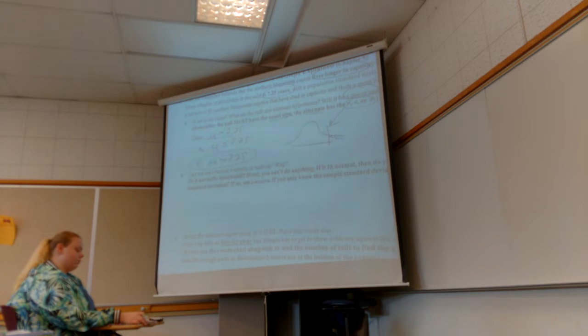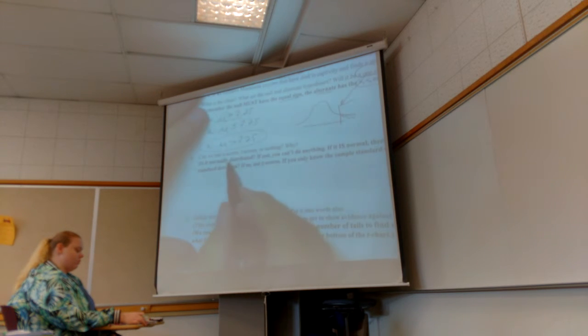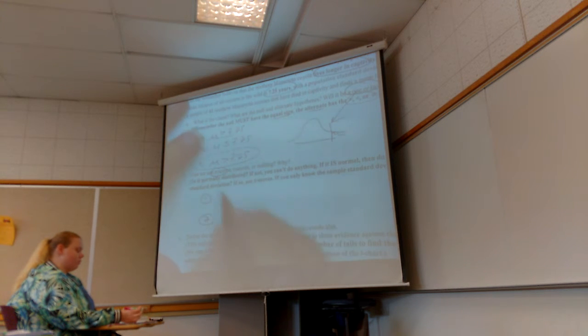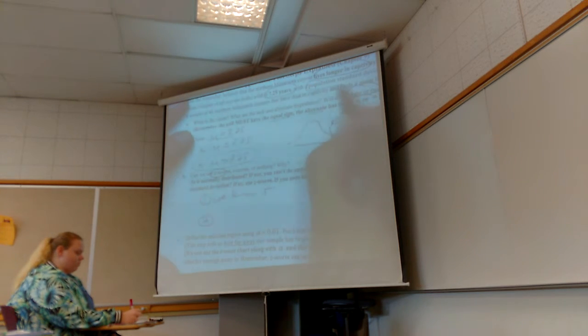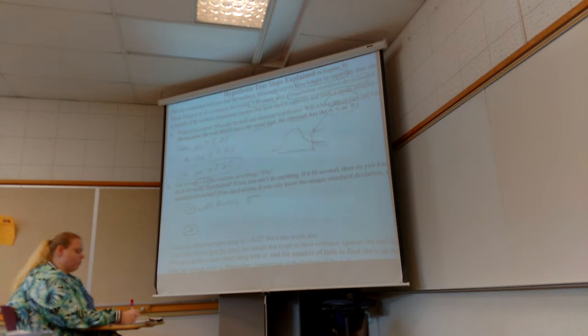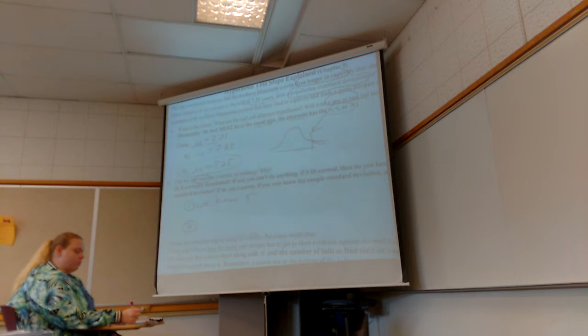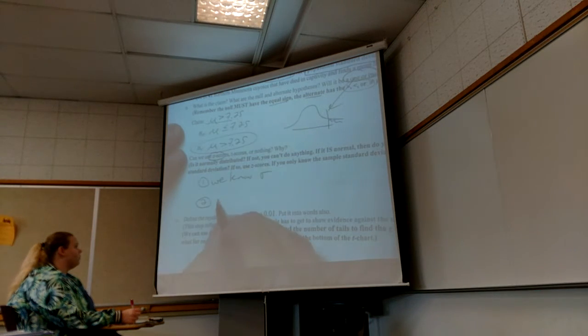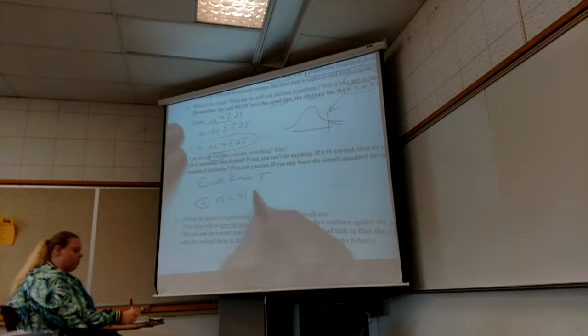Okay. So now, which one can I use in this problem? Z or T? Z. Totally Z. 2 things you have to tell me. We know sigma, the population standard deviation. Don't just say I know the standard deviation, because there are 2 types of standard deviation, and that is the decider between Z or T. So you have to say we know sigma, the population standard deviation, and N is 41, which is bigger than 30.